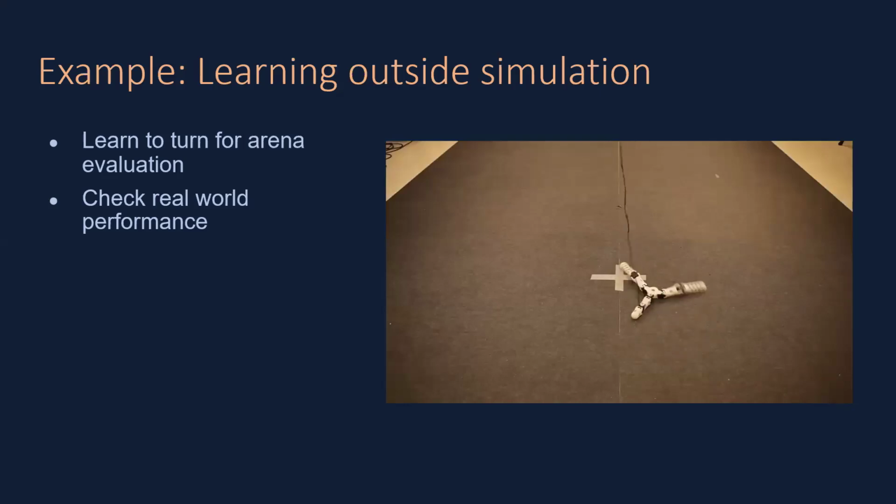This also shows why it's important to evolve the morphology and learn the control, rather than the other way around. If you want to do it in real life, building a robot takes maybe a day or half a day to assess, while learning a control takes maybe 30 or 40 seconds. If you would do it the other way around, you would have much fewer possibilities to assess the robot.